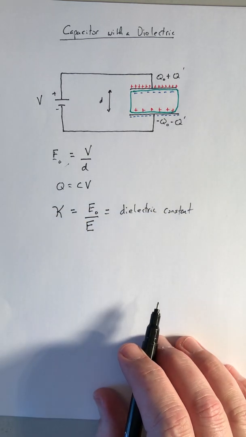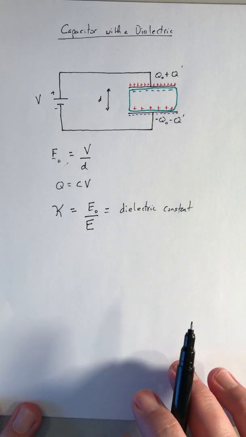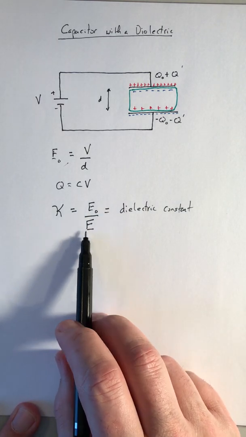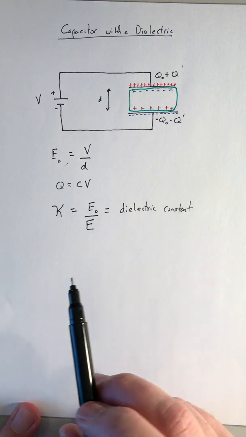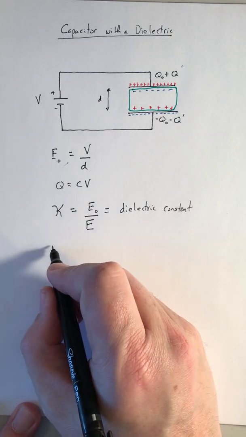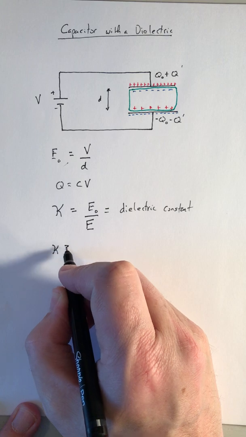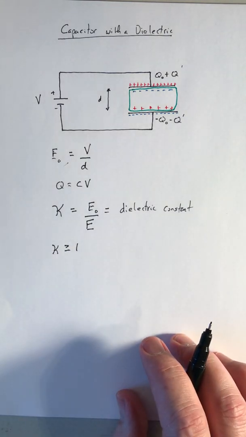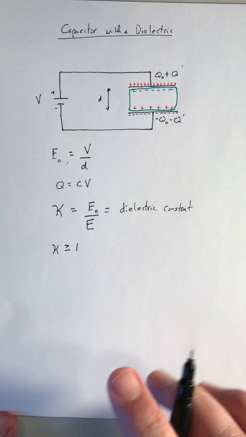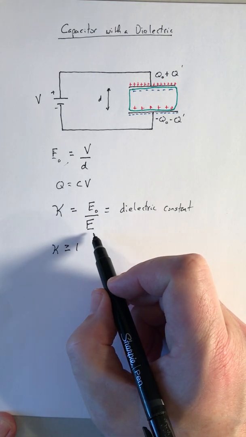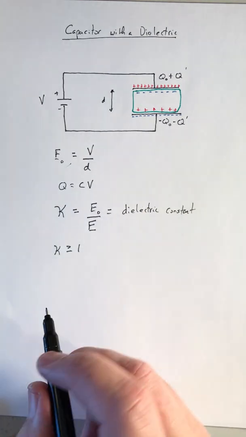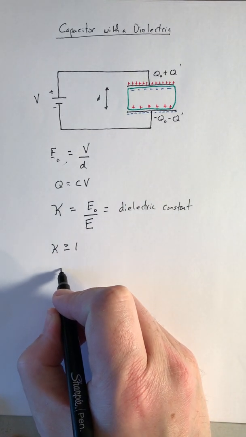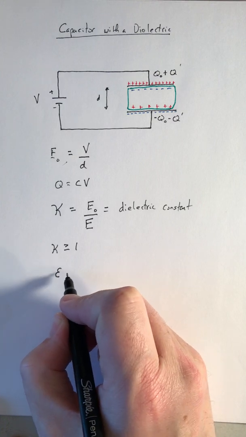Every material would have some value for its dielectric constant. You can see it's a dimensionless quantity because it's a ratio of two electric fields. Kappa is going to be bigger than or equal to 1 because E is going to be smaller than or equal to E naught. The other instance where you might see this is in terms of the permittivity.